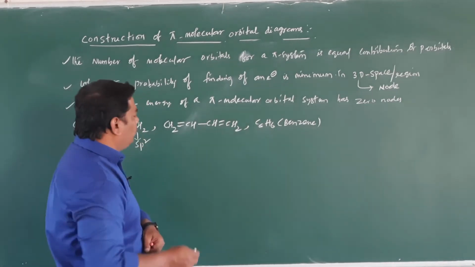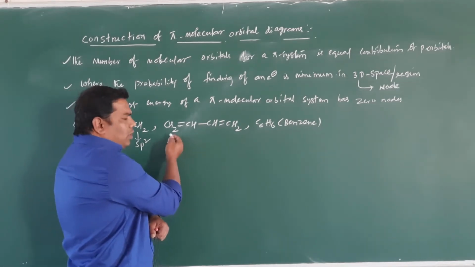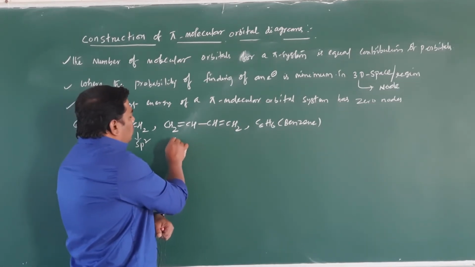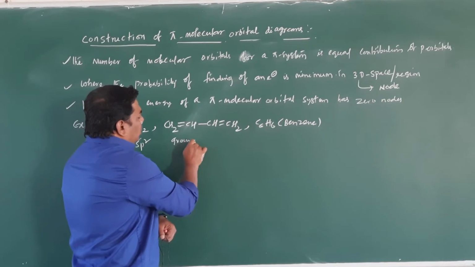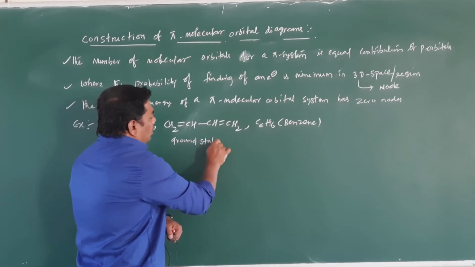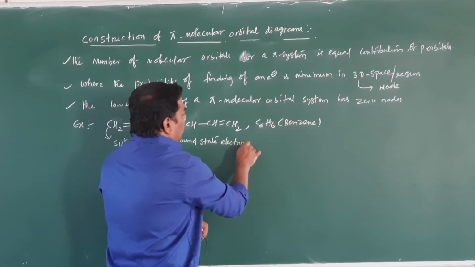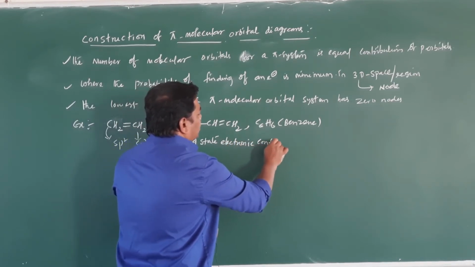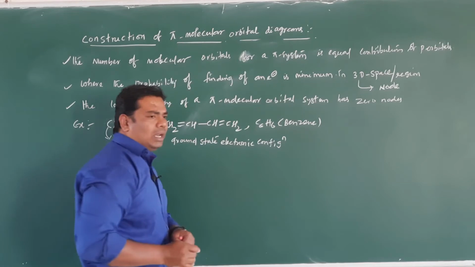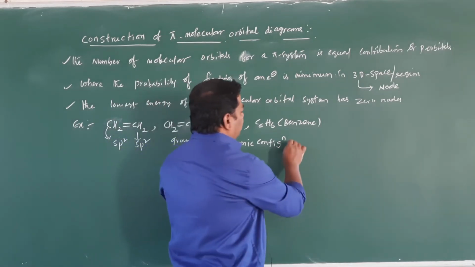We will discuss. First of all, I will write the ground state electronic configuration of the carbon atom.